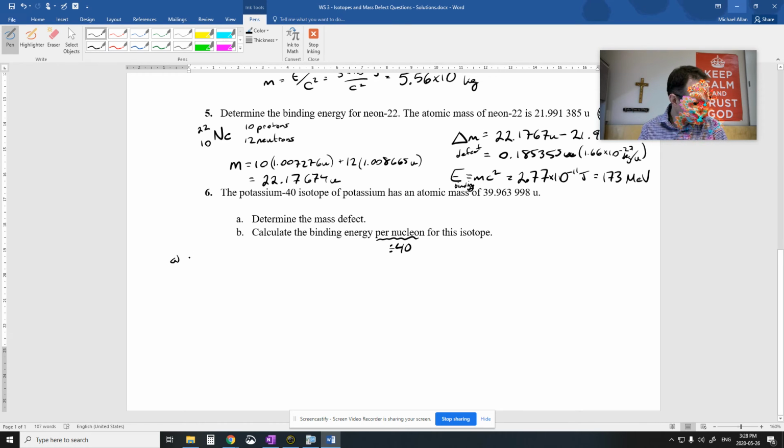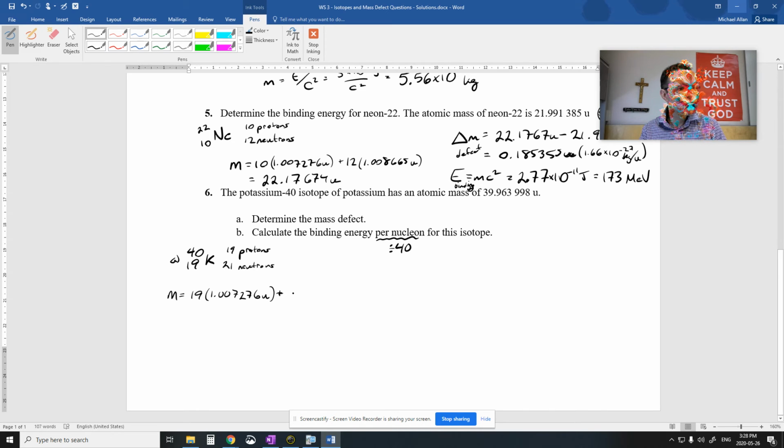So potassium 40 is 40, potassium's 19. So we have 19 protons. How many neutrons do we have here? Not 31, that was before, right? 21 neutrons. Okay, so I'm just going to find the mass beforehand. So I got 19 of these numbers up here. I can just use the numbers that I have up there. That's my proton number, right? Yep.